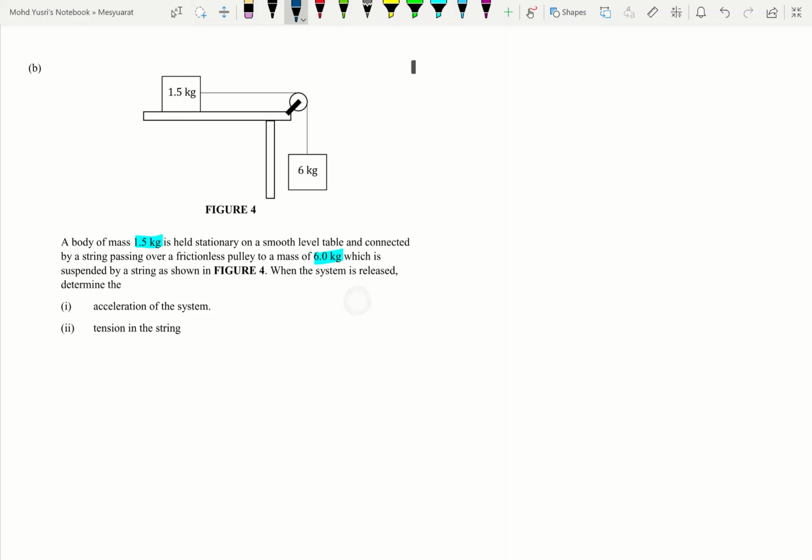So let's say this is object 1 and this is object 2. Now if I draw a free body diagram of object 1, we have normal force, tension and weight. The table is smooth, therefore frictionless, so there is no friction.